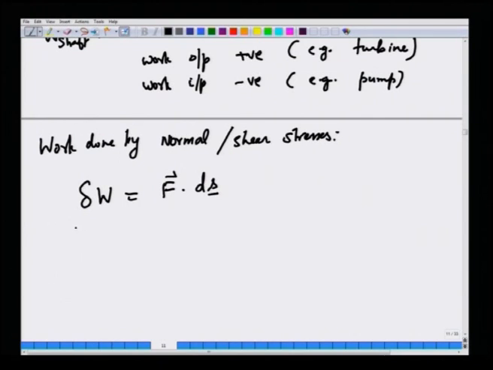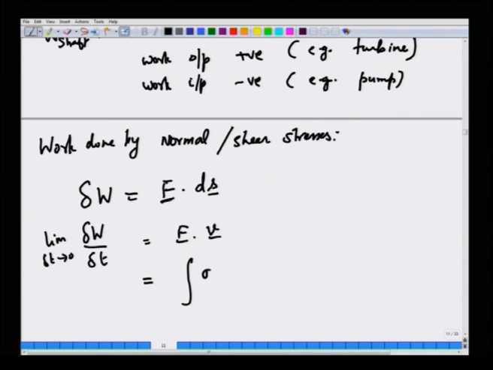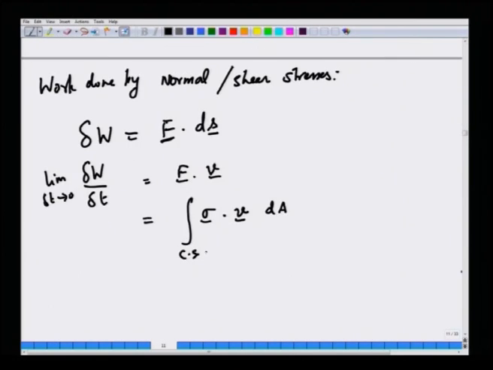The rate at which work is done, dW/dt as dt goes to 0, is nothing but F dot V. Let me denote all vectors with an underscore. F is nothing but the stress vector that is acting on the surface, dotted with V, but you have to integrate it over the entire control surface, where there is flow as well as motion.